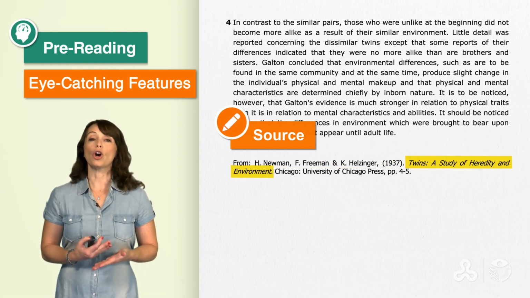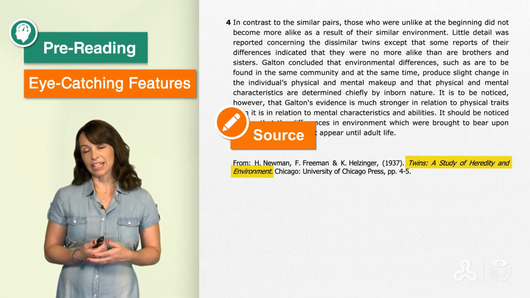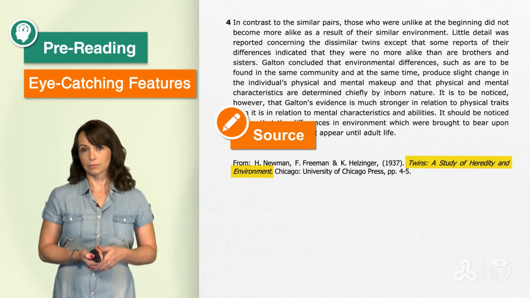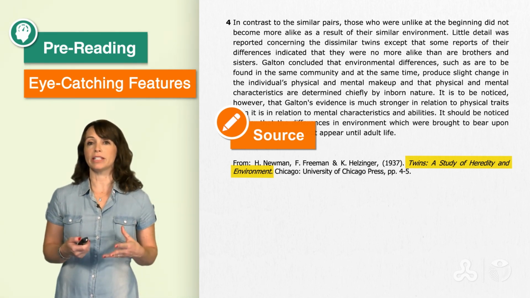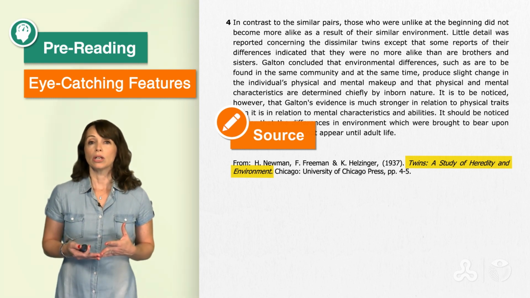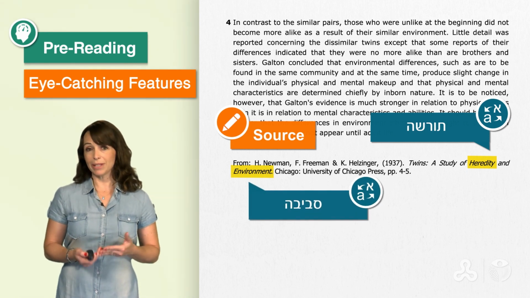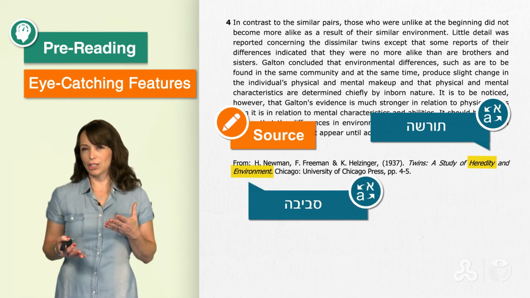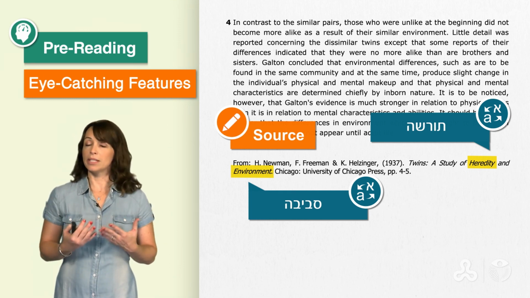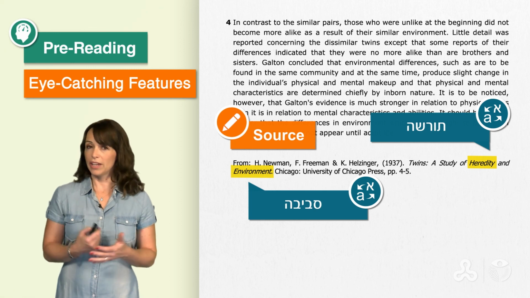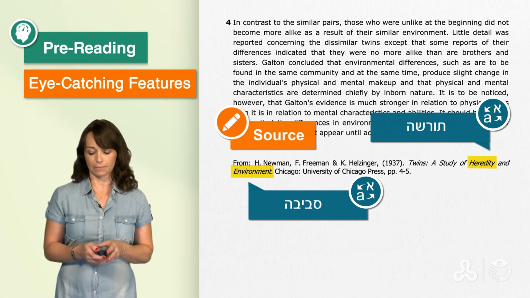It comes from a book called Twins, a study of heredity and environment. Okay. Now, these are two major concepts, two important words. Okay, it comes from a book that studies heredity and the environment. So whenever you get these two words, heredity and the environment, it's a very, very important topic, and it's worth thinking about it while you continue reading the text.